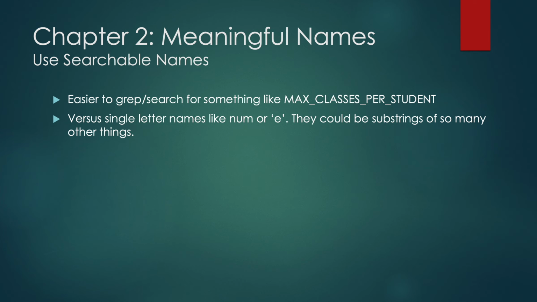So make your names meaningful, and at the same time they will be searchable, right? If your names are well spelled out and reveal intent, they'll automatically be searchable. So this is another reason why good naming matters, because sometimes you just want to search and find all the usages of a variable.